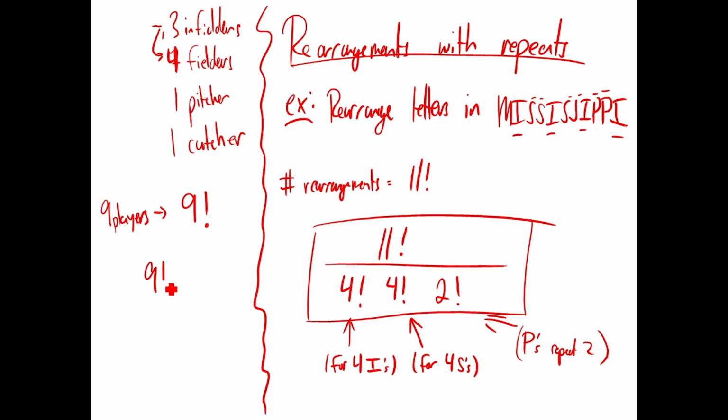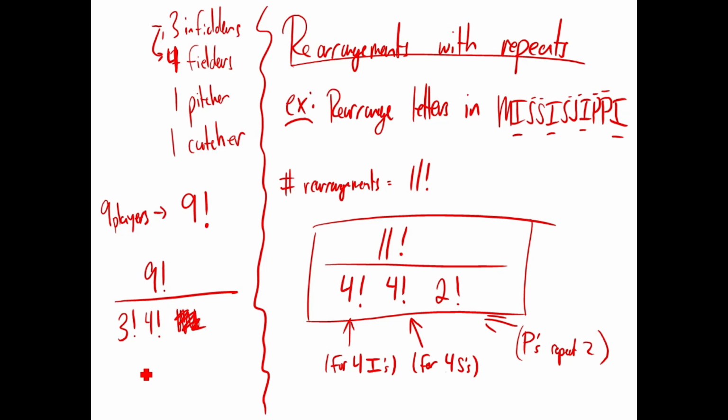So then you need to divide out 3 factorial because of the outfielders, 4 factorial because of the infielders, and you don't need to divide these out because they're not repeats. So the pitcher and the catcher only pop up once. So I think the answer is going to be 9 factorial over 3 factorial times 4 factorial.